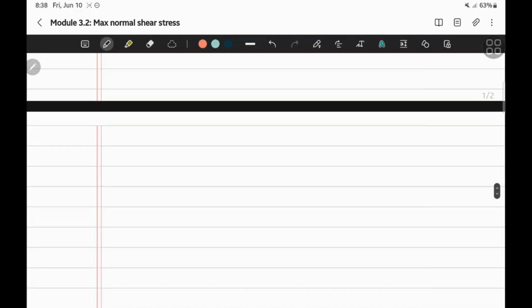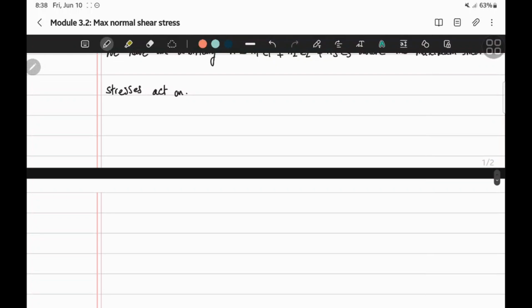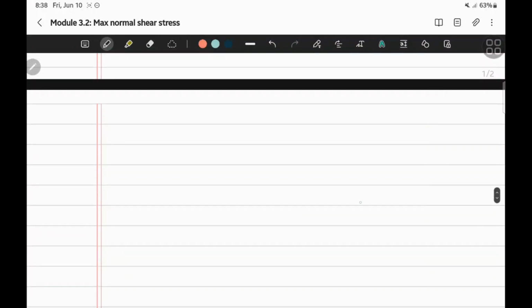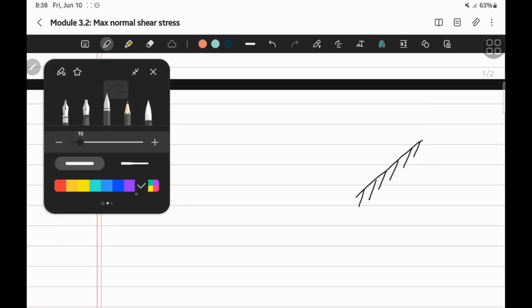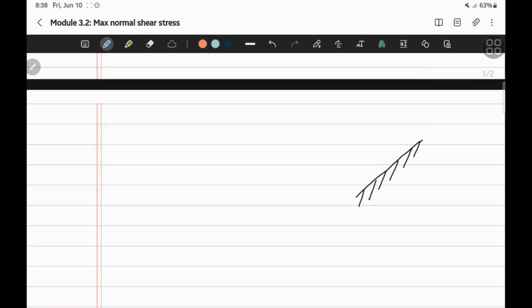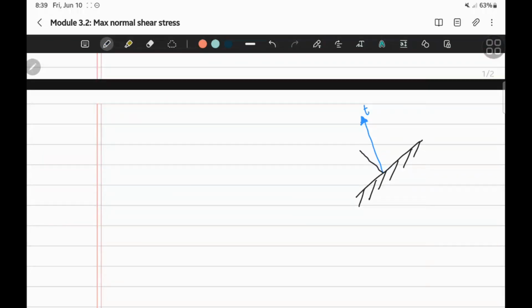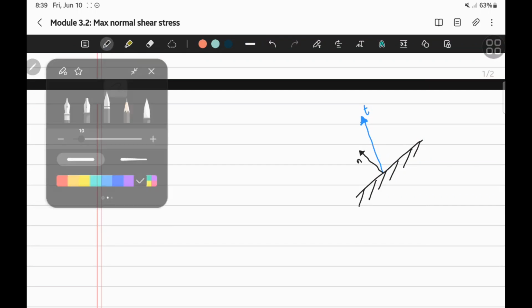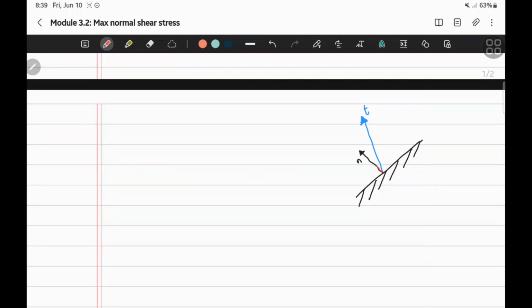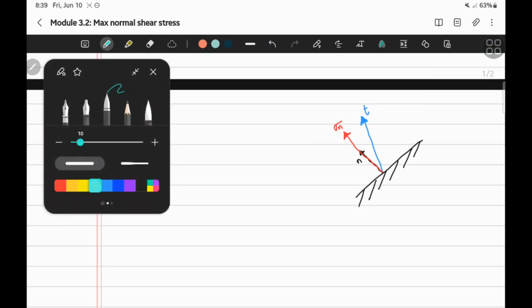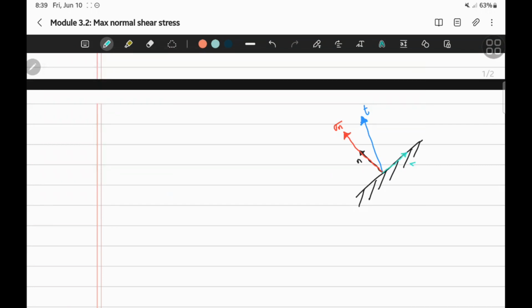All right, so from the previous module, you know that if we have an arbitrary plane in here, and we have a traction like this, T, then we have a normal for this surface, N, and we can find the normal stresses and shear stresses from here.